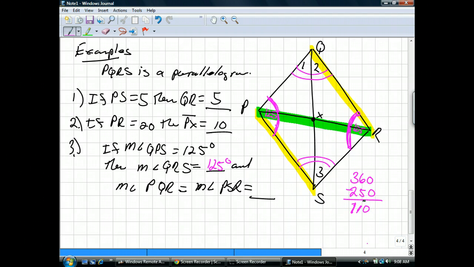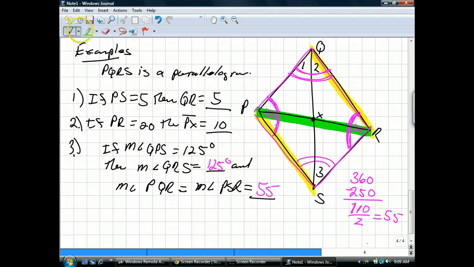So we need to divide that 110 into 2 equal parts. So that's 55. So that means this angle, PQR, and angle PSR both have to measure 55 degrees.